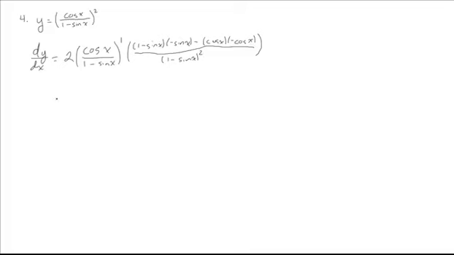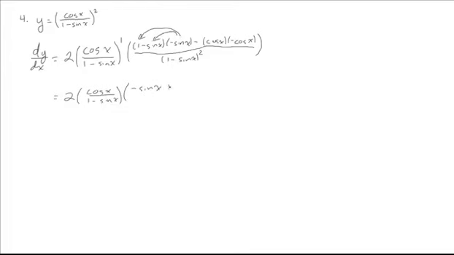So that's the derivative. Let's see what kind of simplifying we can do. So 2, we've got cosine x over 1 minus sine x. Now here we're going to need to do some multiplication. So let's distribute. So we're going to get rid of these parentheses. We're going to have a negative sine x.